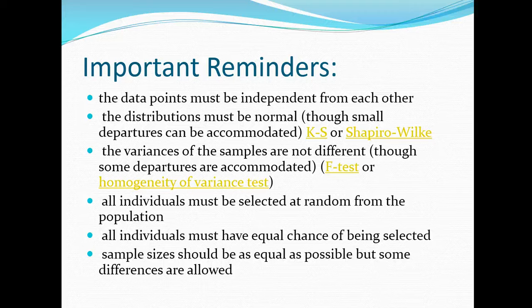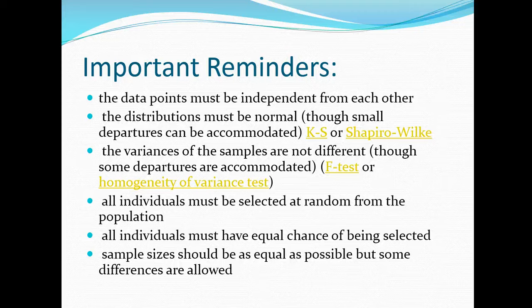Sample sizes should be as equal as possible, but some differences are allowed. So remember, there's three minimum populations when you do ANOVA, analysis of variance, because if it's just two, then you can simply run your t-test for that.